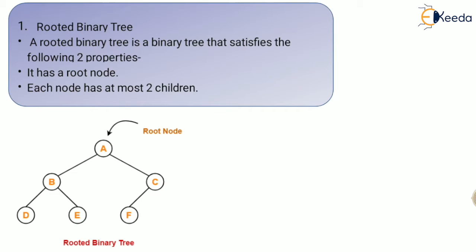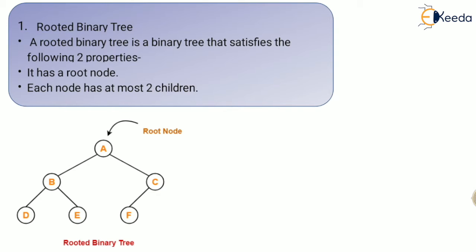First is the rooted binary tree. A rooted binary tree is a binary tree that satisfies the following two properties. The first property of rooted binary tree is it has a root node.